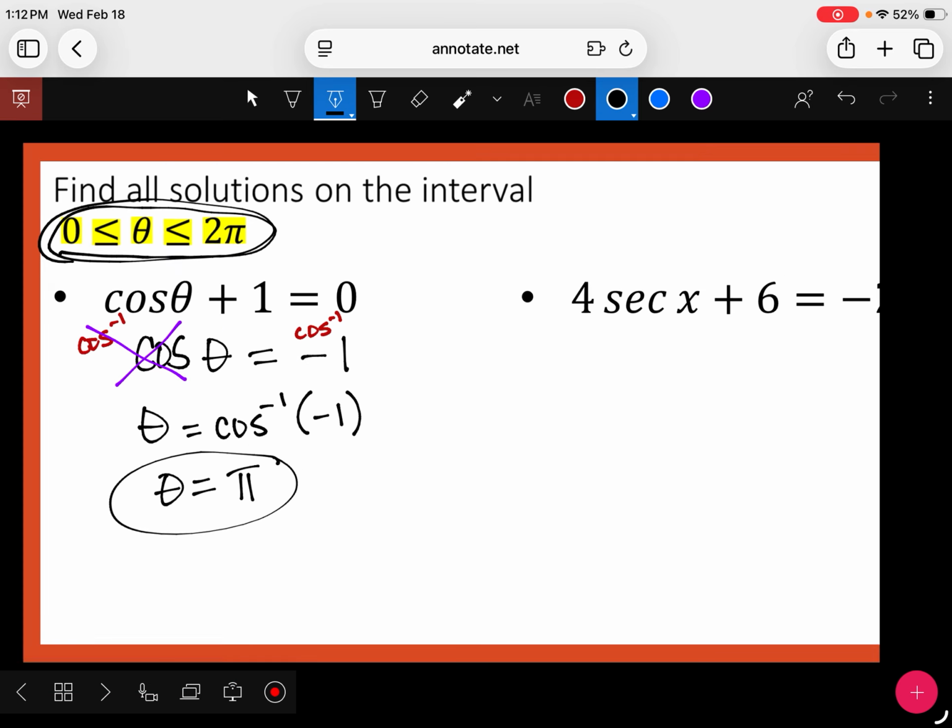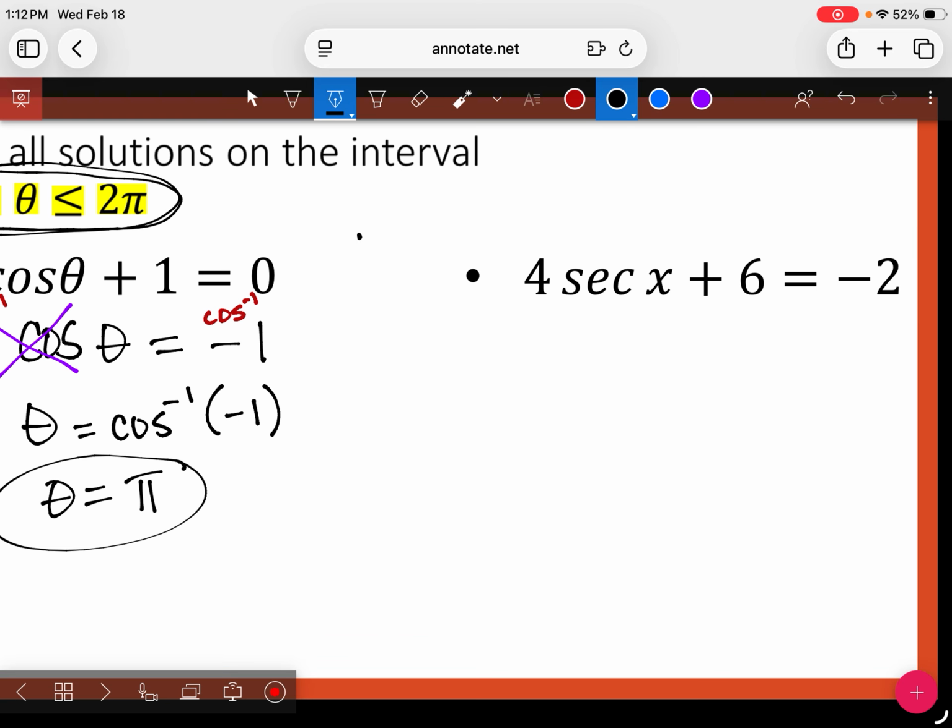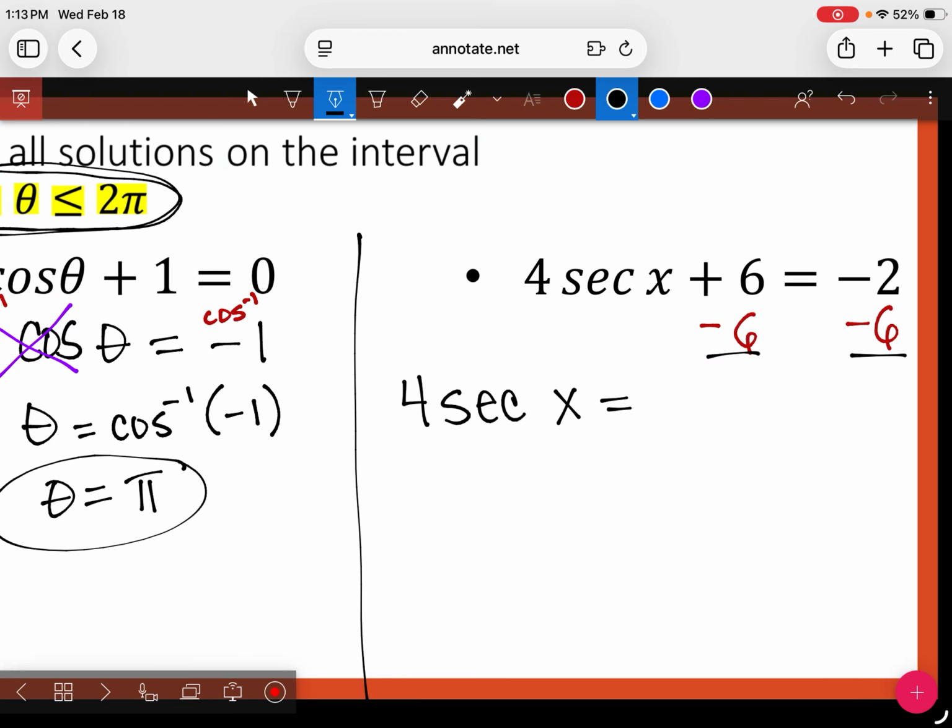All right, let's look at this next one. What do you think I'm doing to solve? What's my first step? Subtract 6. And now what am I going to do? Subtract 4.